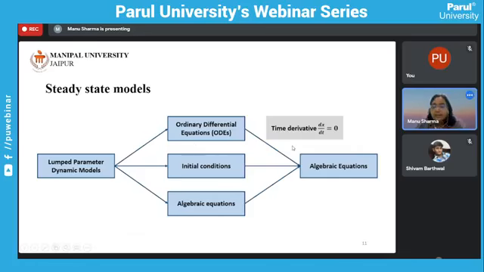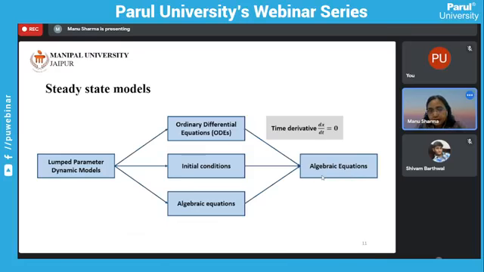That means the time derivative dx/dt is zero. If it is zero, then ordinary differential equations are converted into simple algebraic equations. So, taking the steady state assumption, we have converted the ordinary differential equations into a set of algebraic equations, and accordingly we can decide the simulation strategies.